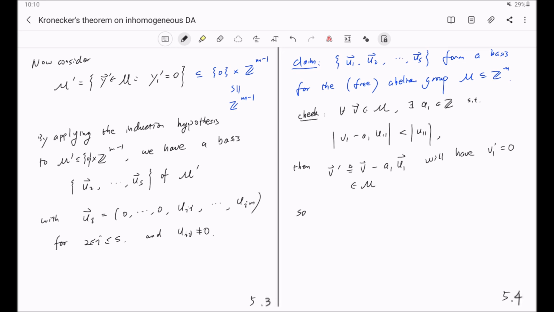So this vector v prime is in this M prime we just defined.